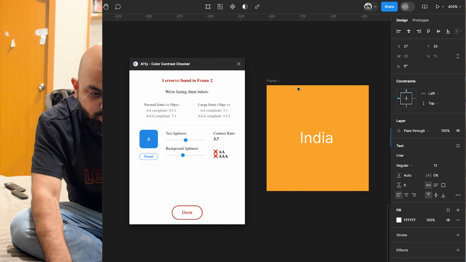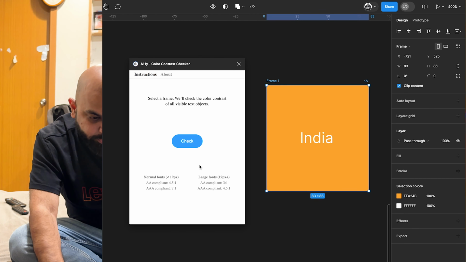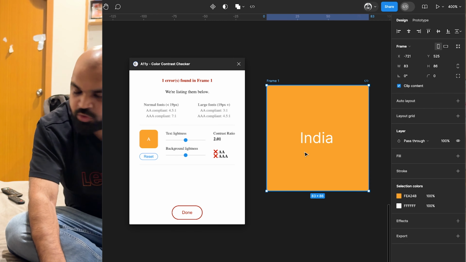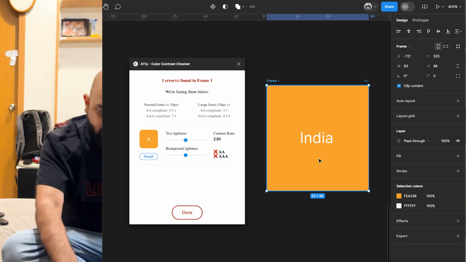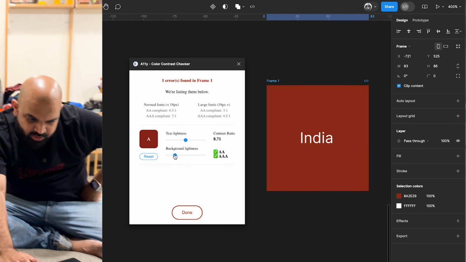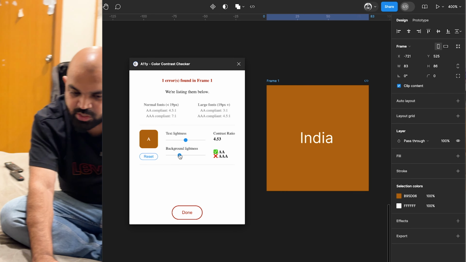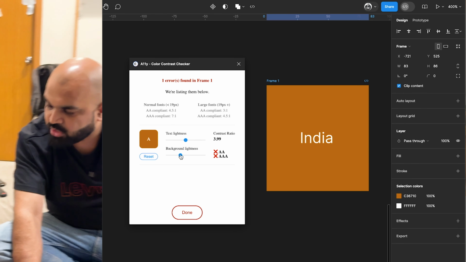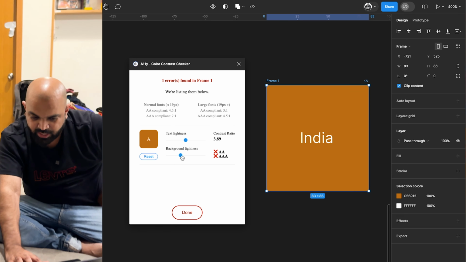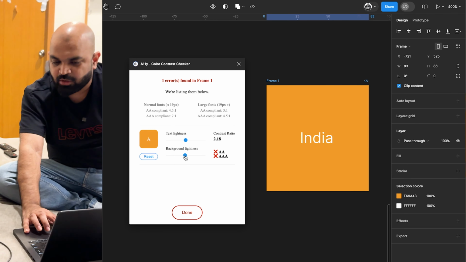Now, if you look at this, the contrast ratio is 2.1. So contrast ratio is much less. In fact, if you decrease this background lightness, contrast ratio will keep increasing. And at one particular contrast ratio, there will be enough contrast, basically, right? So it's about having that contrast ratio.